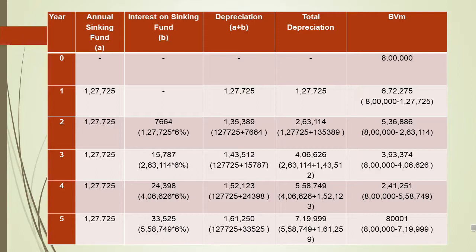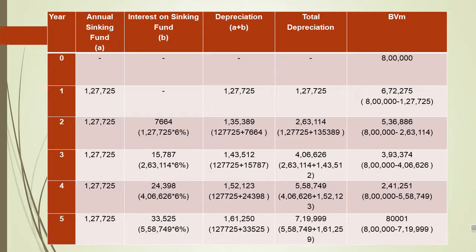So now depreciation A plus B for the second year will be 1,27,725 plus what you have got, interest on sinking fund B, that is 7664. Depreciation is nothing but A plus B. Once you calculate A plus B, you can calculate total depreciation, that is A plus B plus the total depreciation of the previous year.